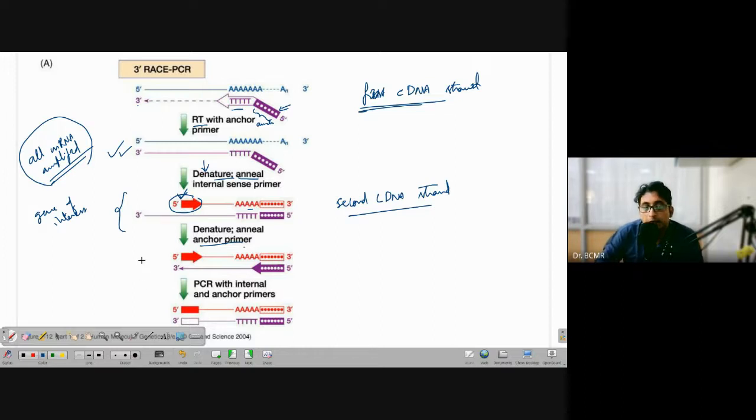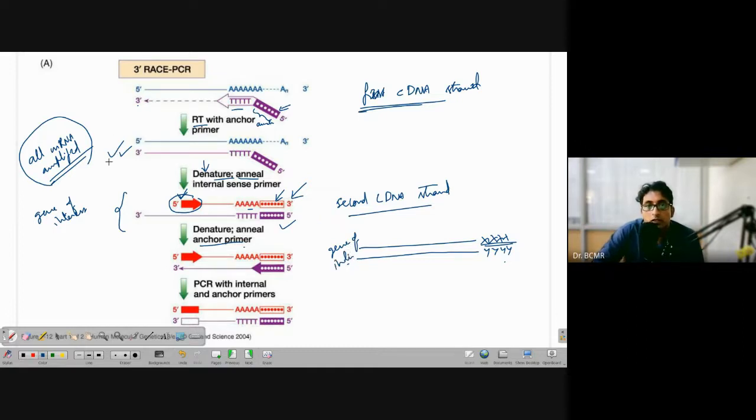When we have this cDNA strand, I will put a new sequence here as XXX. Now we add the primer against XXX, and the second cDNA strand will be synthesized, only of the gene of interest.